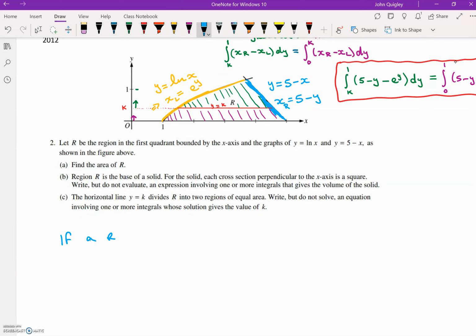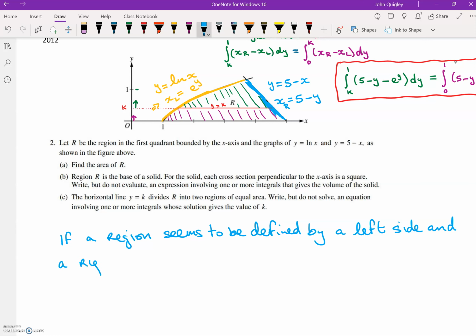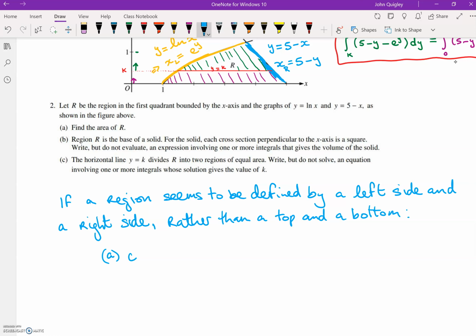If a region seems to be defined by a left side and a right side, rather than a top and a bottom, then the steps you would take would be: A, change both equations to get x on its own.